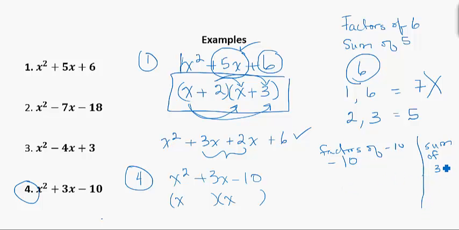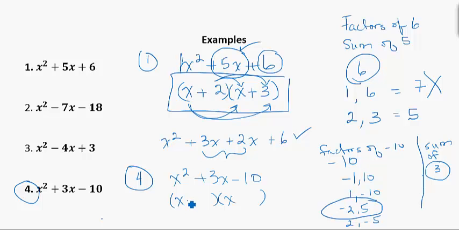When we add them we get a positive 3, so that means our larger value is going to have to be positive. So our factors of negative 10 are negative 1 and positive 10, positive 1 and negative 10, negative 2 and positive 5, and 2 and negative 5. When you combine them, these two give us a sum of 3.